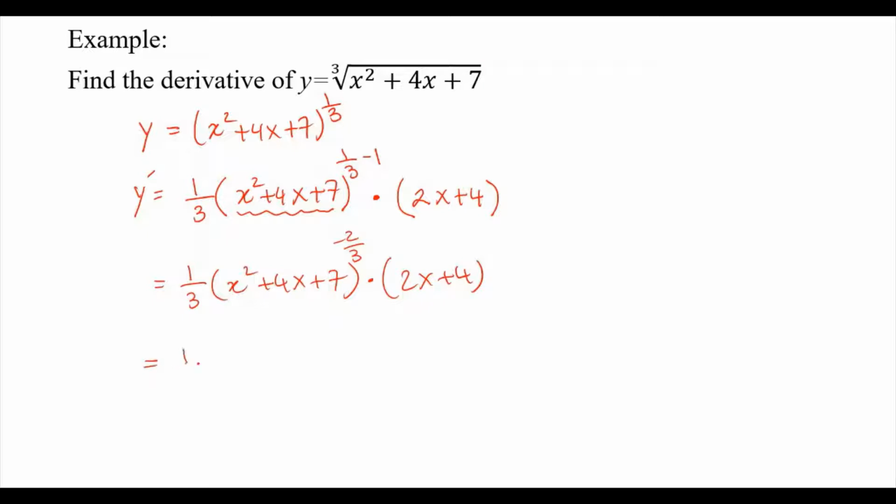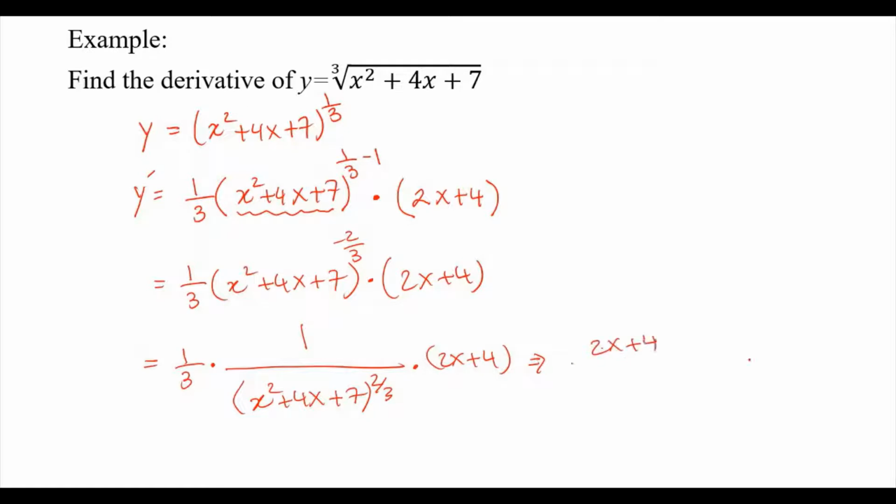So this will be 1/3 times 1 over x squared plus 4x plus 7 raised to 2/3 times 2x plus 4. We can multiply 2x plus 4 in the numerator with the first numerator, and we can multiply 3 in the denominator. So that will leave us with 2x plus 4 over 3 times x squared plus 4x plus 7 raised to 2/3.